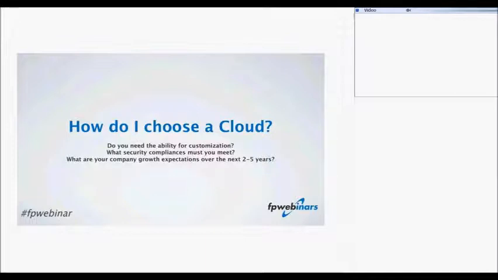So you may start out with 100 employees, and over the next 2 years you may grow to 300 employees. From a public cloud perspective, there are restrictions on the amount of users you have, the amount of storage and other resources within the server environments in the public cloud. So those are things to take into consideration when deciding between public and private cloud.